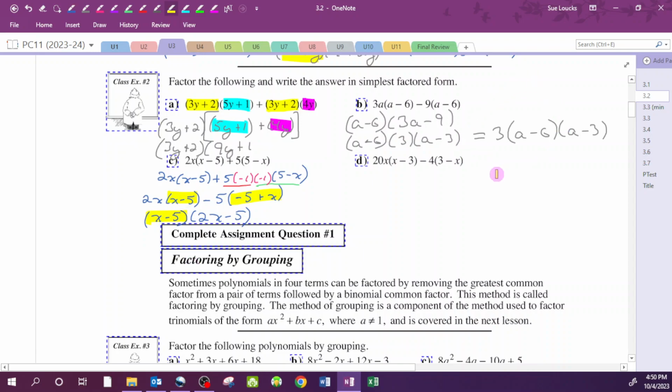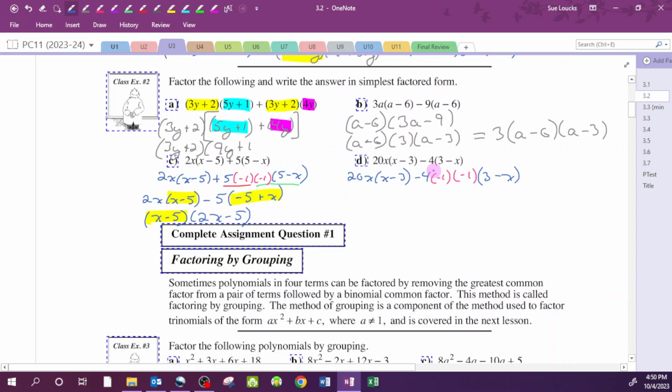And then I'm going to do the same thing in this example here. I'm going to rewrite it. This is 20x times x minus 3 minus 4 times minus 1 times minus 1 times 3 minus x.